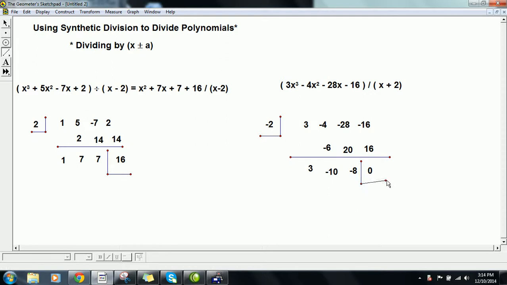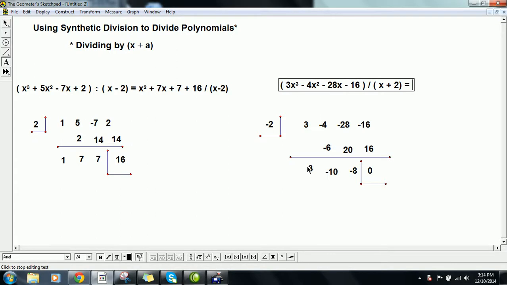If I have a remainder of 0, guess what that means? Yep, you guessed it. That means that x plus 2 divides, or is a divisor or factor of this cubic. Right? So what I just found is that when I divide it, it's equal to, and again, these are the coefficients of my polynomial.